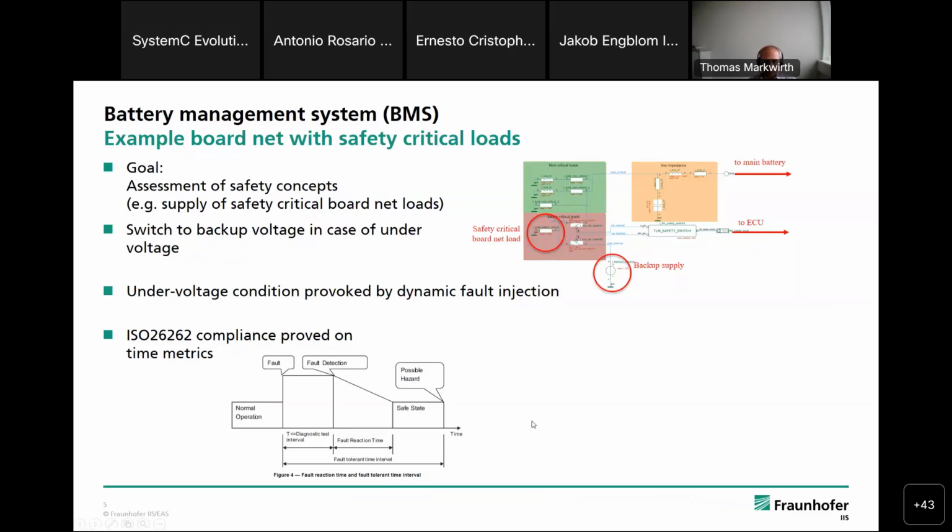Part of this standard is also a definition of a fault-tolerant time interval, which defines, after occurrence of a fault, a time period for the fault detection and also the fault reaction time in order to come from the critical situation back to a safe state again. This should happen before a possible hazard occurs. And this period between the fault occurrence and the possible hazard is called the fault-tolerant time interval.